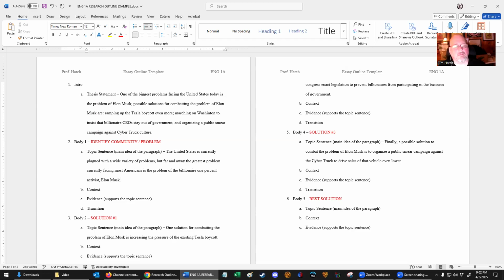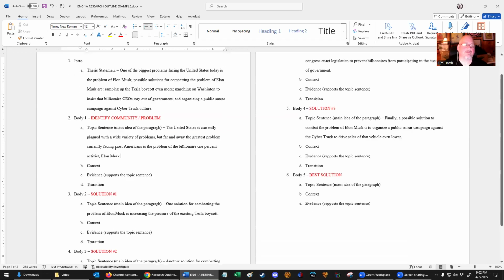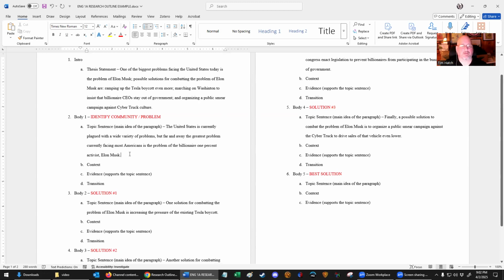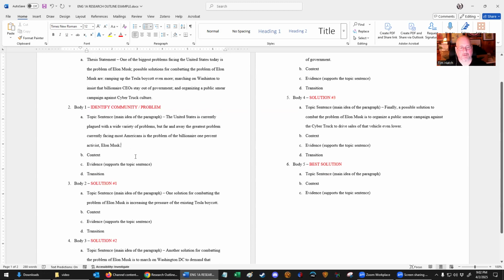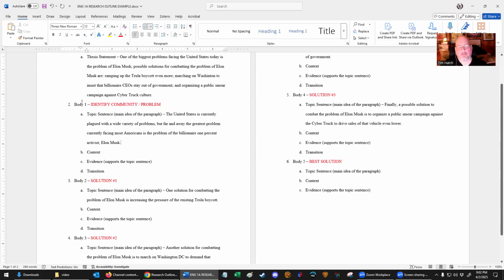There we go. You guys have no idea how happy I am that I chose this stupid example. It's very therapeutic. All right, so there is my topic sentence: the United States is the community and the problem is Elon Musk. Perfect topic sentence in regard to what it needs to be doing here.